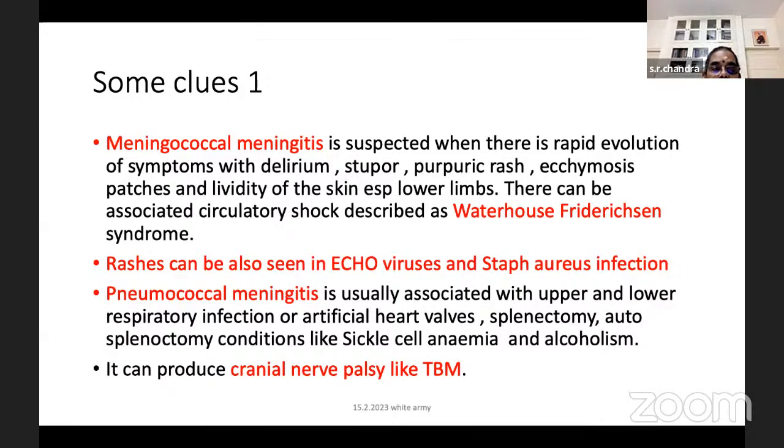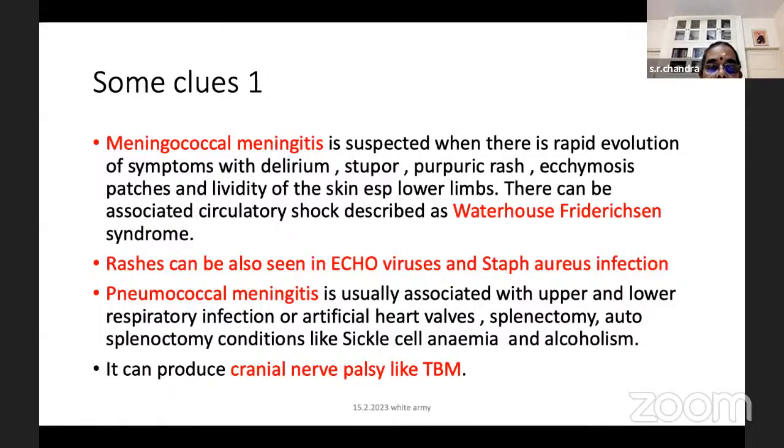And there can be associated circulatory shock due to adrenal involvement. So even if you don't get the organisms, if the patient has rash, ecchymotic patches, and goes into hypotension and shock, then you can think it is probably meningococcal meningitis, and without waiting for the culture, start appropriate antibiotic.